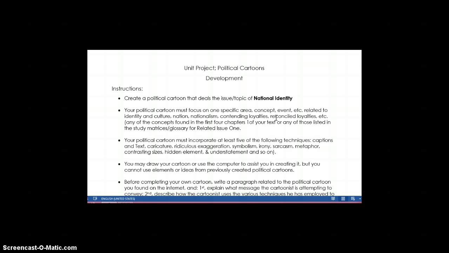In focusing on national identity, your political cartoon can focus on any one specific area or concept or event related to anything we've covered in Related Issue 1. So, for example, identity and culture, nation, nationalism, contending loyalties, reconciling loyalties, and so on and so forth.